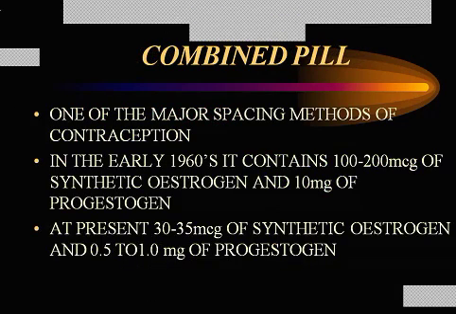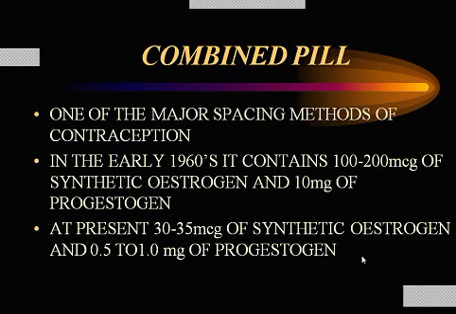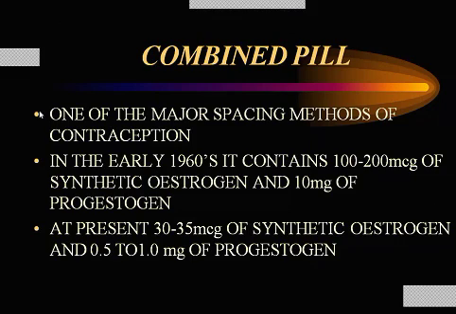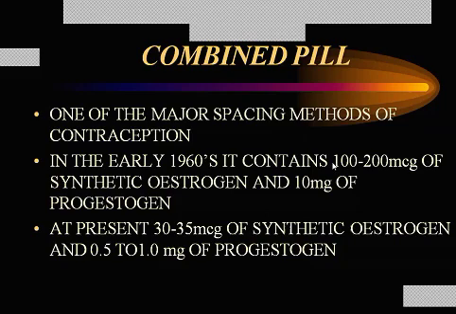This is very, very important for you: combined pills. They are very effective in preventing pregnancy, with nearly 100% effectiveness. This is one of the major spacing methods of contraception. In the early days, during the 1960s, these pills used to contain 100 to 200 micrograms of synthetic estrogen and 10 milligrams of progesterone.